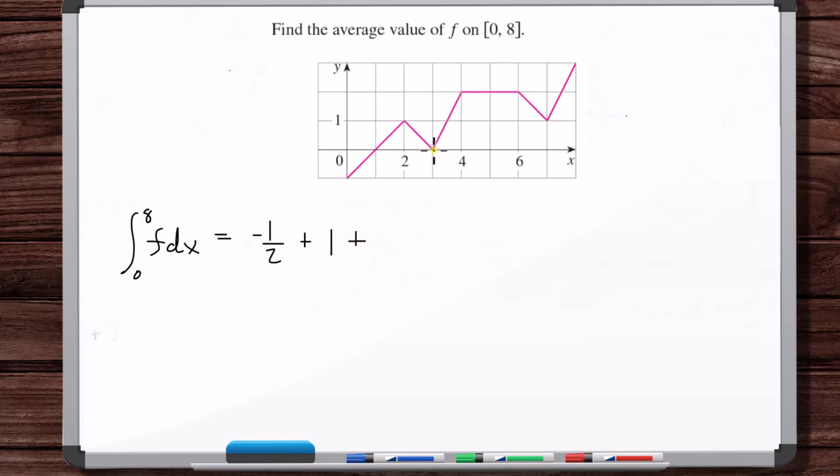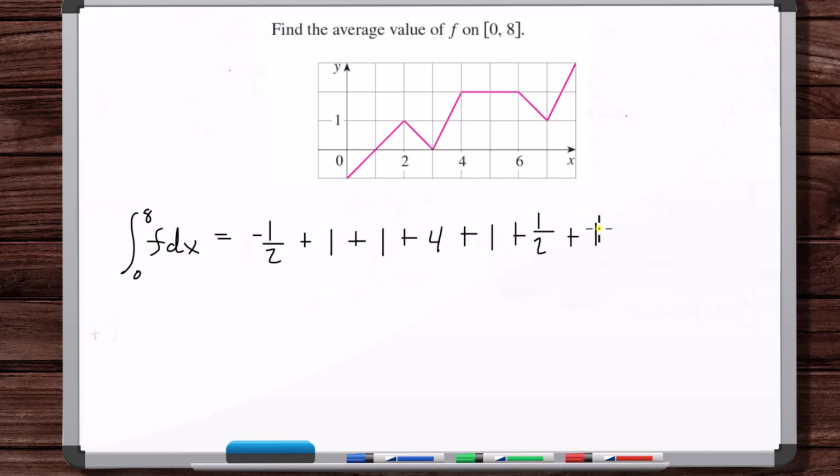Plus 1/2 base 1 times height 2, so 1. Plus 2 times 2. Plus 1 times 1, and then this would be 1/2.